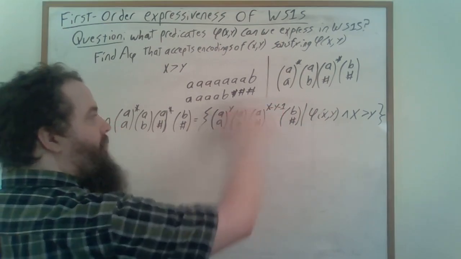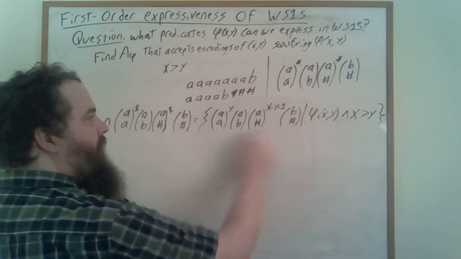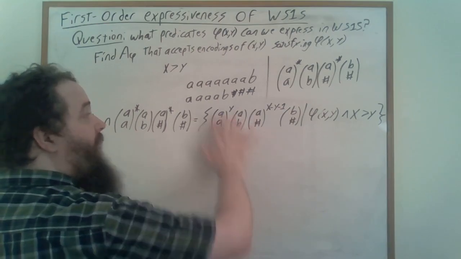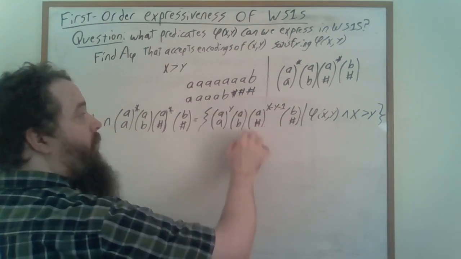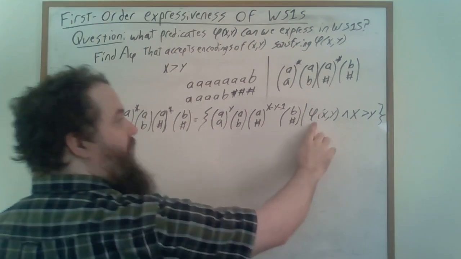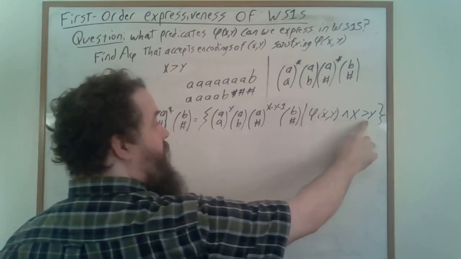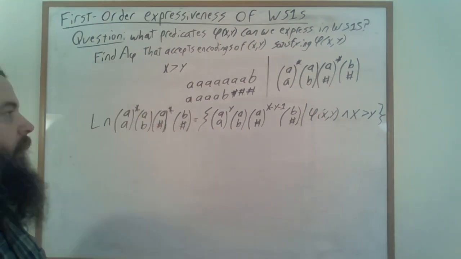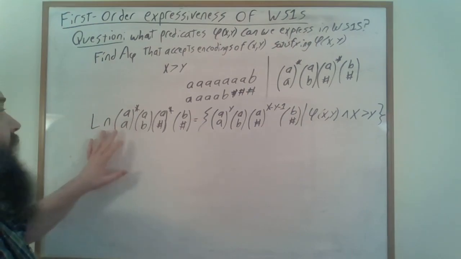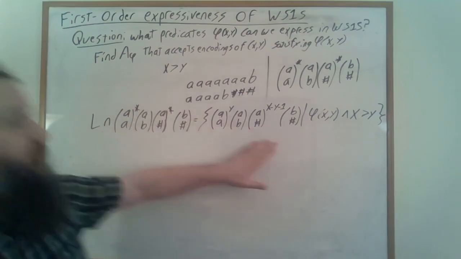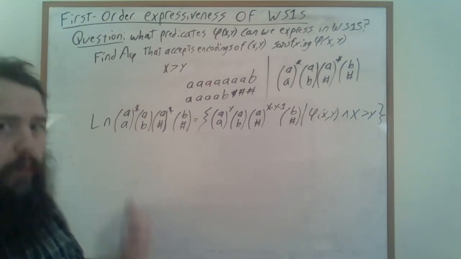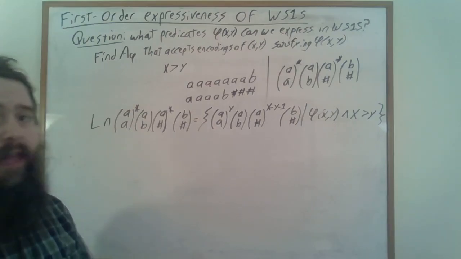Notice that there are x a's at the top and y's at the bottom. Exactly the encodings of pairs x, y that satisfy phi and have x strictly greater than y. And again, because the intersection of regular languages is regular, this language has to be regular, and so what can we conclude about phi from that?